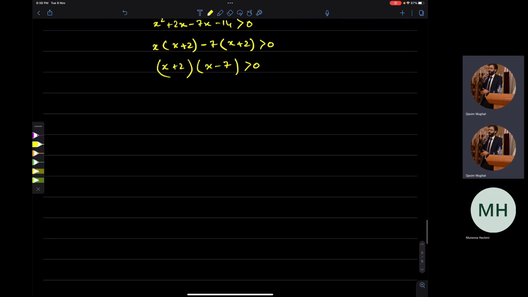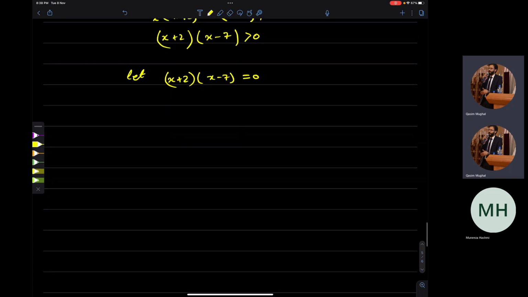Now, when it's the case of greater than 0, then the solution is, okay, now from here, wait a minute. Okay, this is how you're going to do it in an exam. Let x plus 2 times x minus 7 equal 0. You need to put here 'let', so that the examiner knows that you're writing down its associated equation.